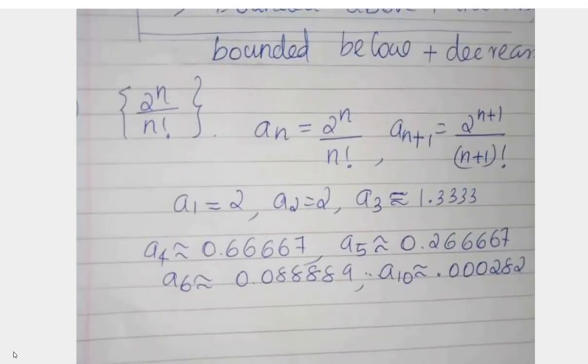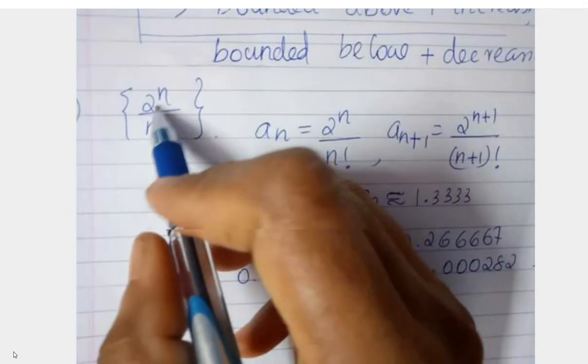In this type of sequence, an is greater than or equal to 0. We can see that this is always positive since it is 2 raised to n divided by n factorial.